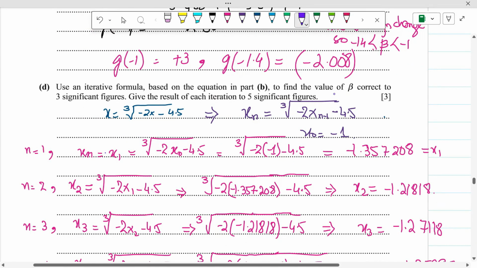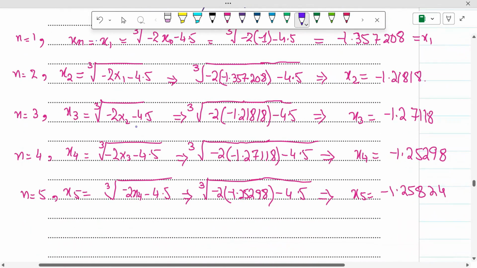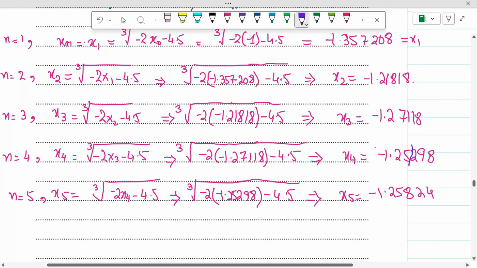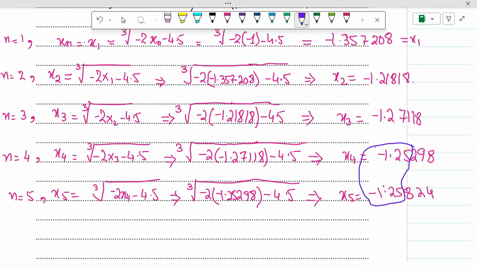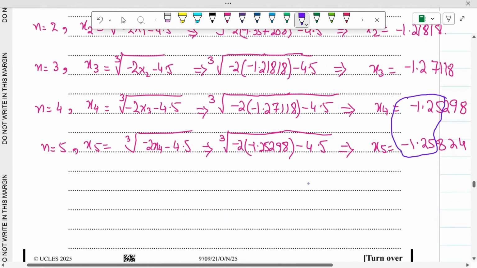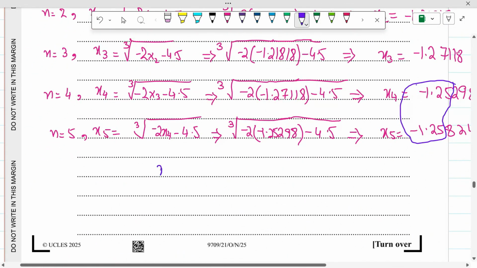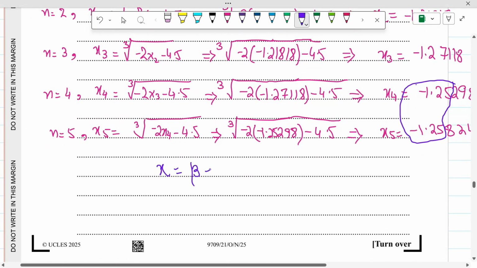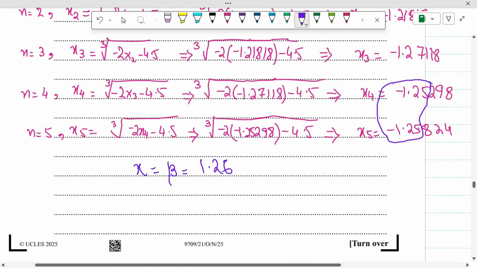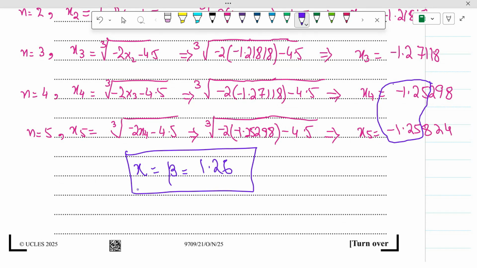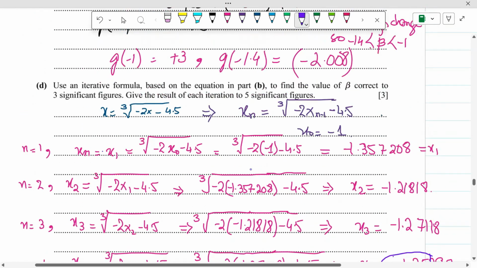We need to find the answer correct to three significant figures. So we can see that 1.25 is the correct significant figure. So we can say that x is equal to beta, which is equal to negative 1.26, because when we round off, it will be 1.26. So this is the required value of beta.